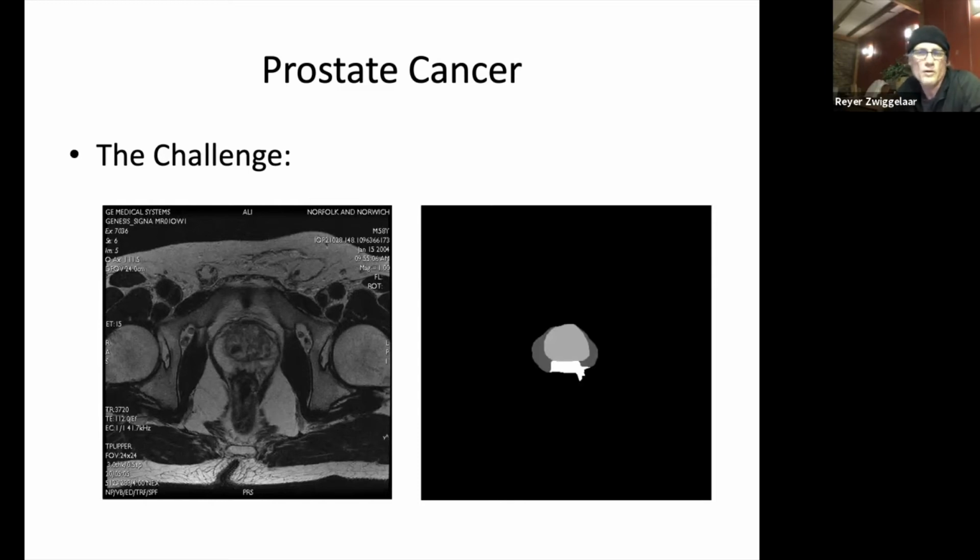So we're interested in the outline of the prostate itself, the central zone of the prostate, but also the abnormality in this case, and the abnormality is indicated in white. Specifically, what we're interested in is whether an abnormality is outside the prostate, or confined within the prostate, because that determines what kind of treatment the male gets.